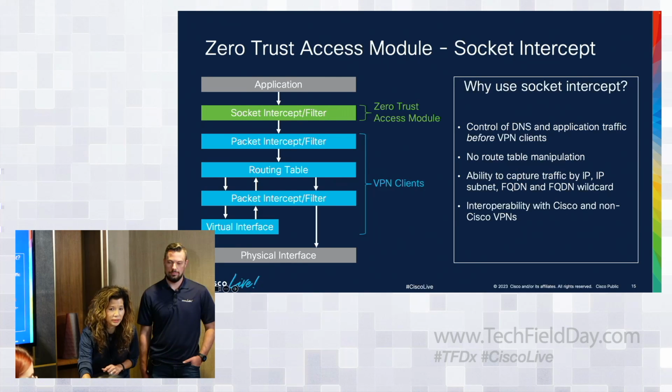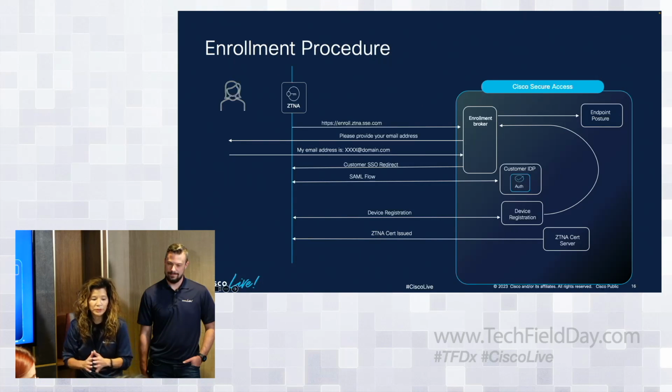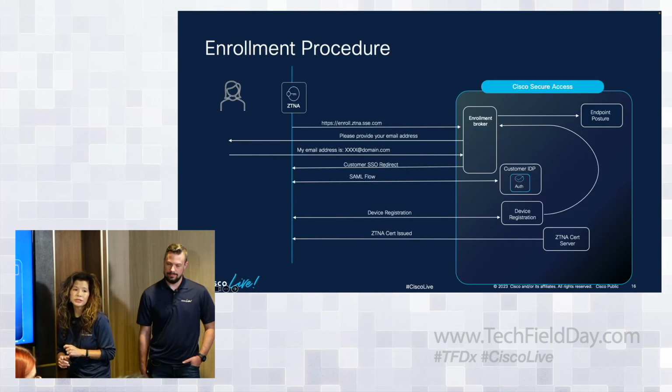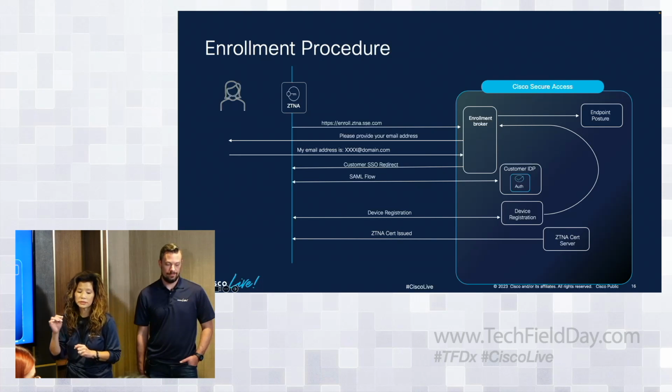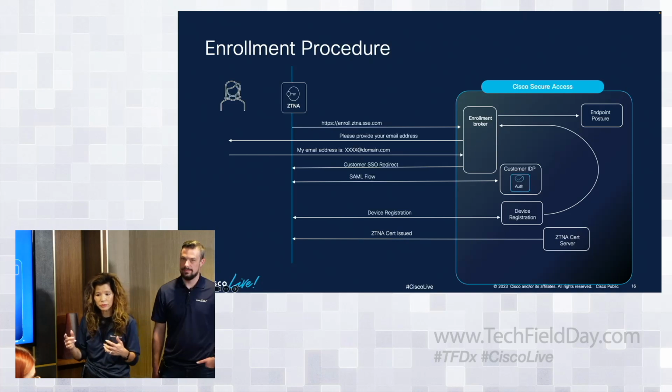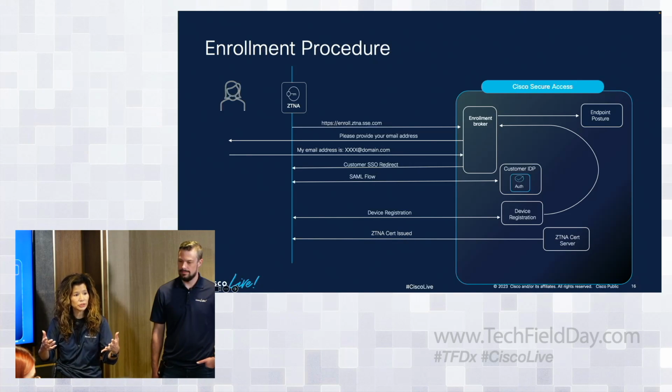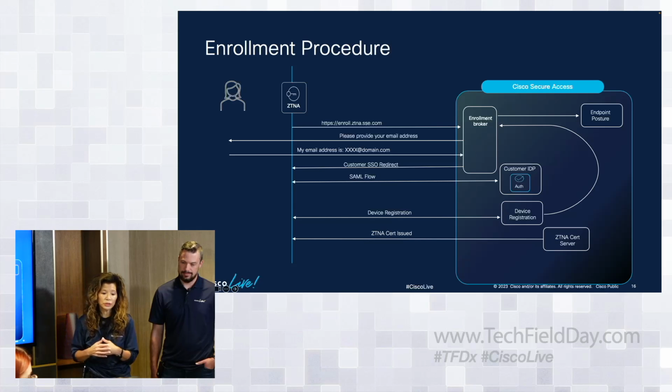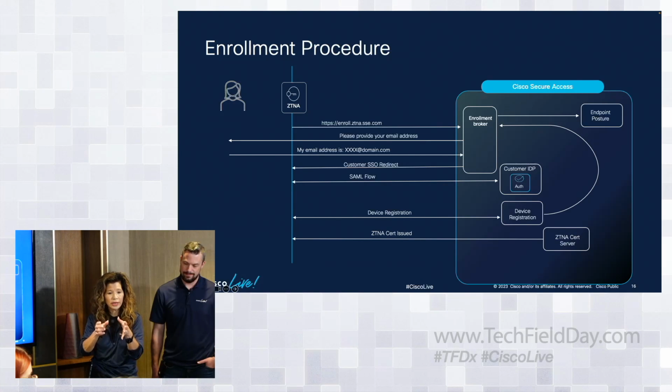So once we've intercepted that traffic, the client needs to enroll with our service. Here's how that works, and I'll have a demo of this later on so you'll be able to see it.